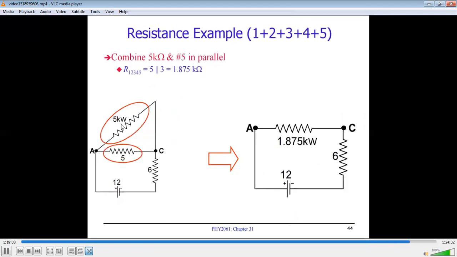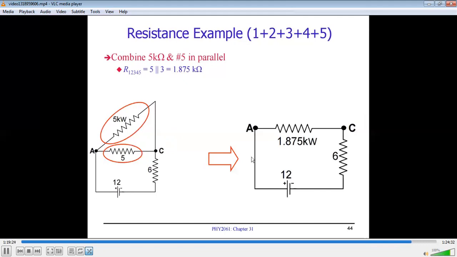Now this 5 kilo ohm and the fifth resistance are in parallel connection. So the equivalent resistance R12345 equals 5 by 3, that means 1.875 kilo ohm.